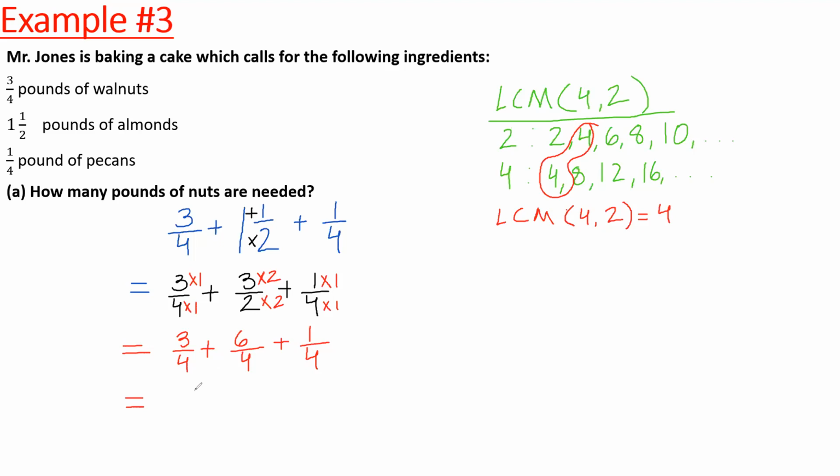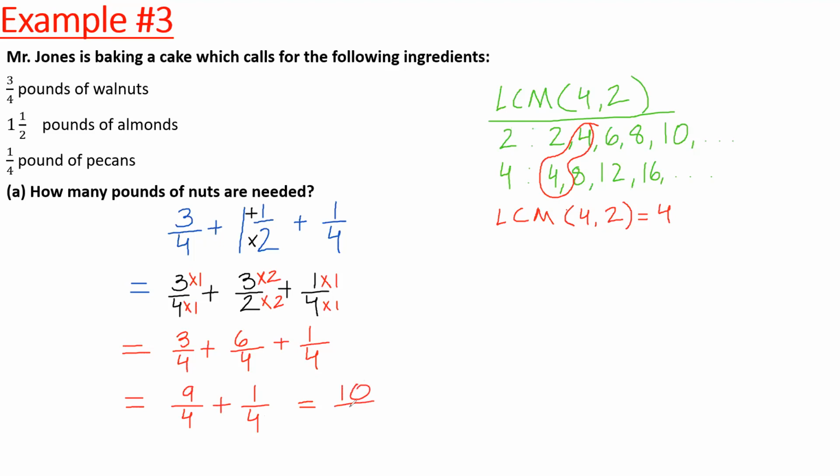So we have 9 over 4, plus 1 over 4, which is 10 over 4.